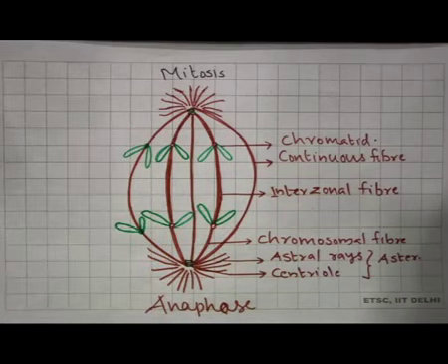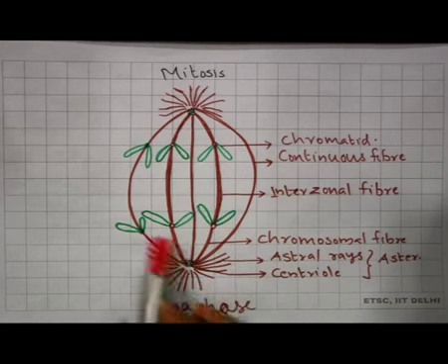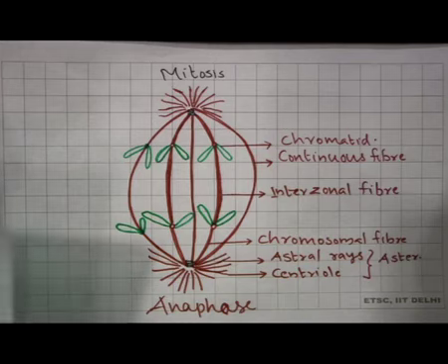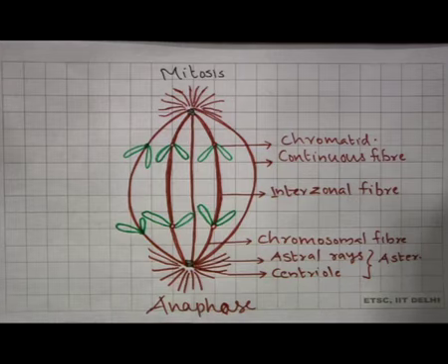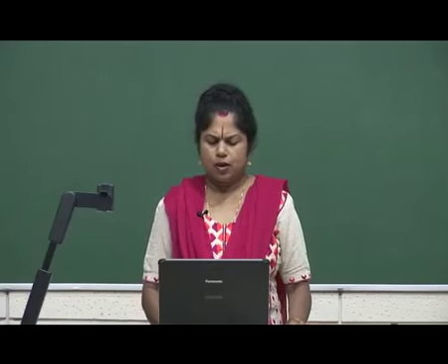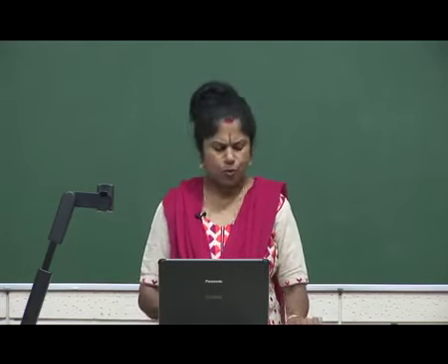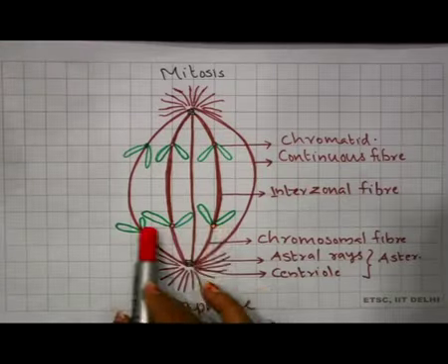These chromatids are carried to opposite poles, not the entire chromosome as such. So, the chromosome with the two chromatids will divide at the centromere portion, and they are moving to opposite poles here.